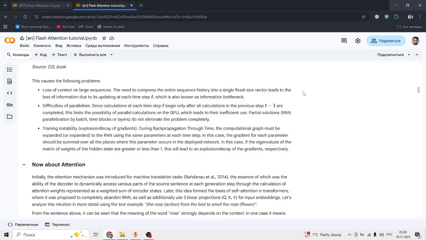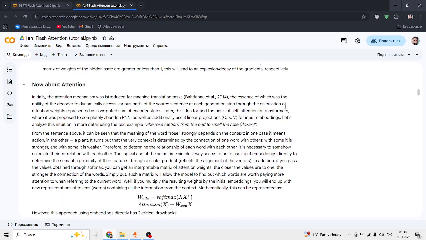have become the reason why the attention mechanism appeared. It was first introduced for machine translation tasks in 2013.